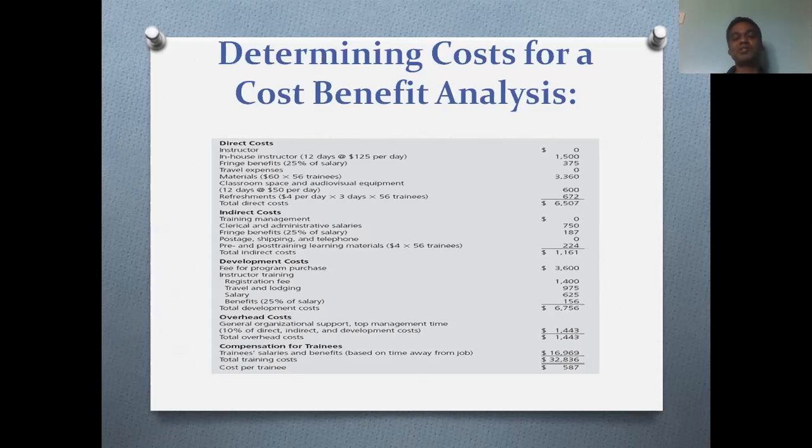And also compensation for the trainees, what compensation you are giving for the participants. So the reimbursement of these different expenses.